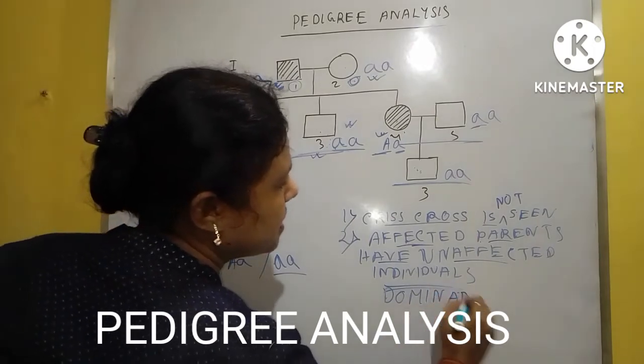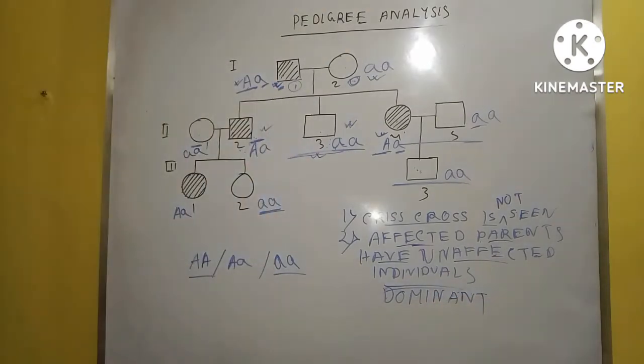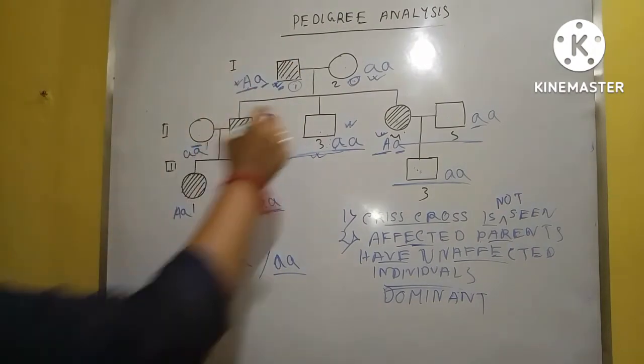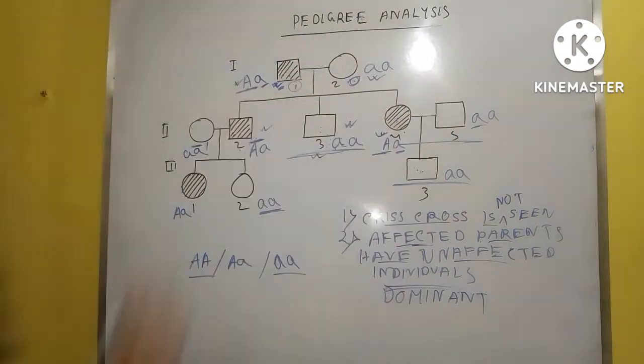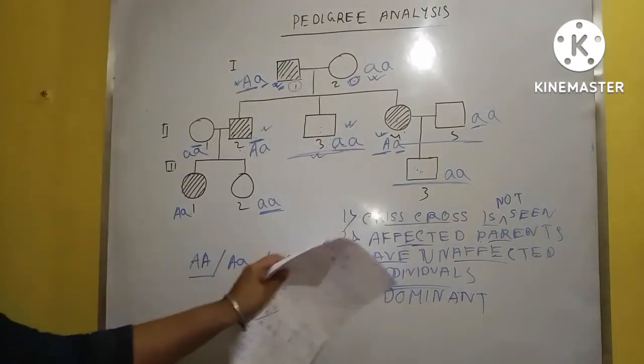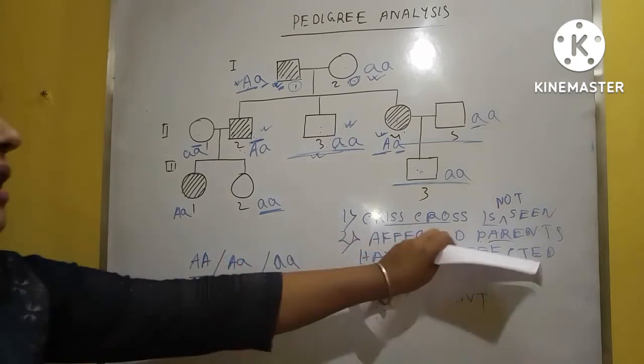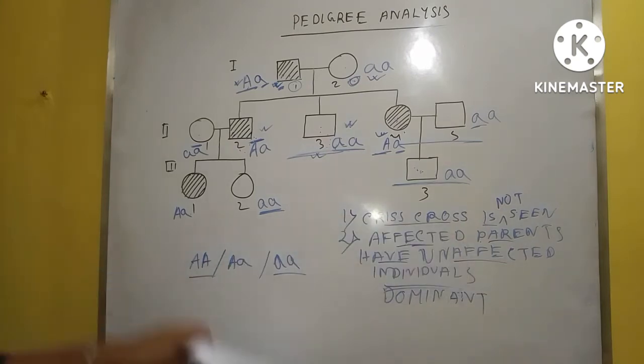Okay, this is very important. Why is it dominant? The father is affected here, but the son is not affected. And here the mother is affected, but the son is not affected. That means the affected parents have unaffected individuals. That's why we can say that it is dominant.